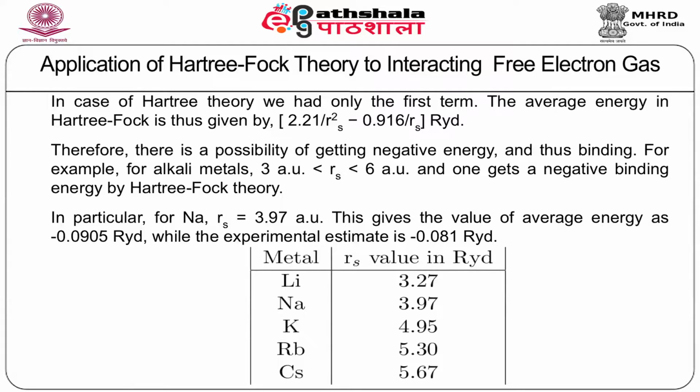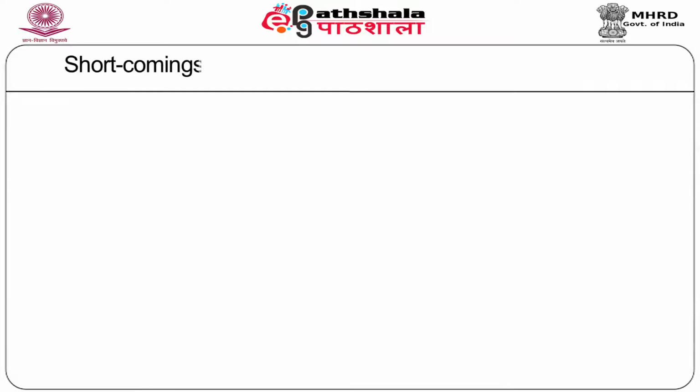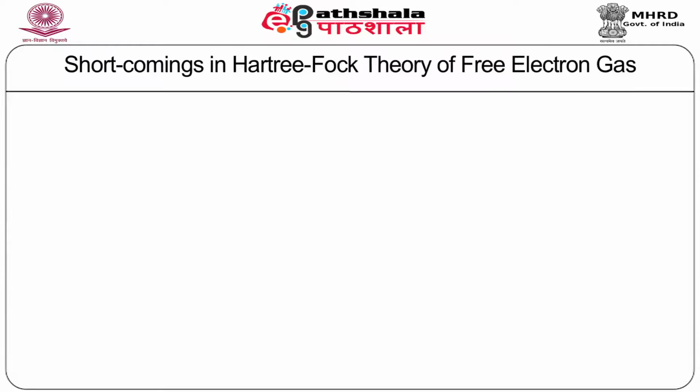This is the list of different metals and the corresponding Rs values. As you can see, since this Rs is lying in between 3 and 6, we get binding in all the cases. Let us now discuss the shortcomings in the Hartree-Fock theory of free electron gas.